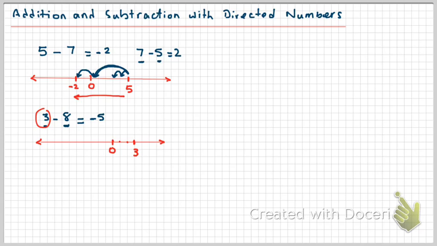And now I'm taking away 8. If I take away 3, from 3 I end up with 0. So once 3 is gone, how much more is left to make 8? 5. 1, 2, 3, 4, 5. And hopefully you can see that that leads to negative 5.